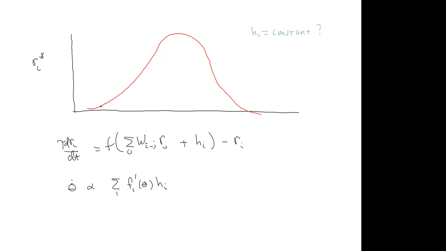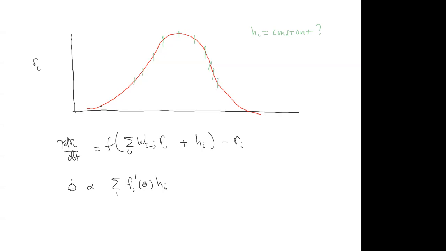Basically, it takes every neuron and, with h i constant, every neuron sort of gets pushed up by a little bit. That's all that happens.